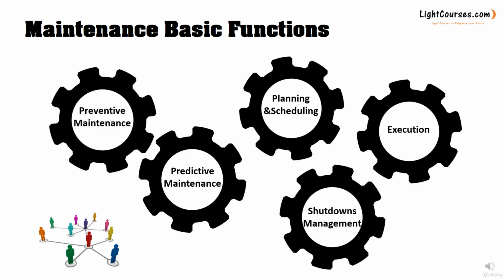The last function is shutdowns management. In some organizations, there is usually a dedicated team to manage these shutdowns, because in most industries you have either one shutdown per year, which we call the annual shutdown, or sometimes two shutdowns per year, so every 6 months you have a major shutdown, which some call a turnaround.